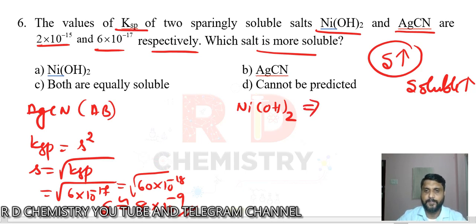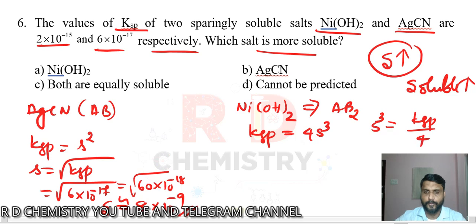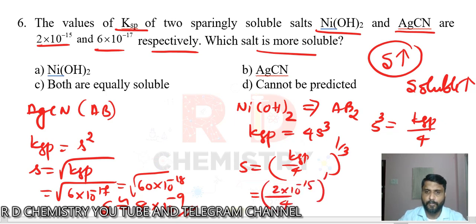This is of the AB2 type. If it is AB2 type, Ksp is 4S cube, or S cube is equal to Ksp divided by 4, or S is equal to the cube root of Ksp divided by 4. So Ksp is given as 2 into 10 to the power minus 15, divided by 4, to the power 1 by 3.